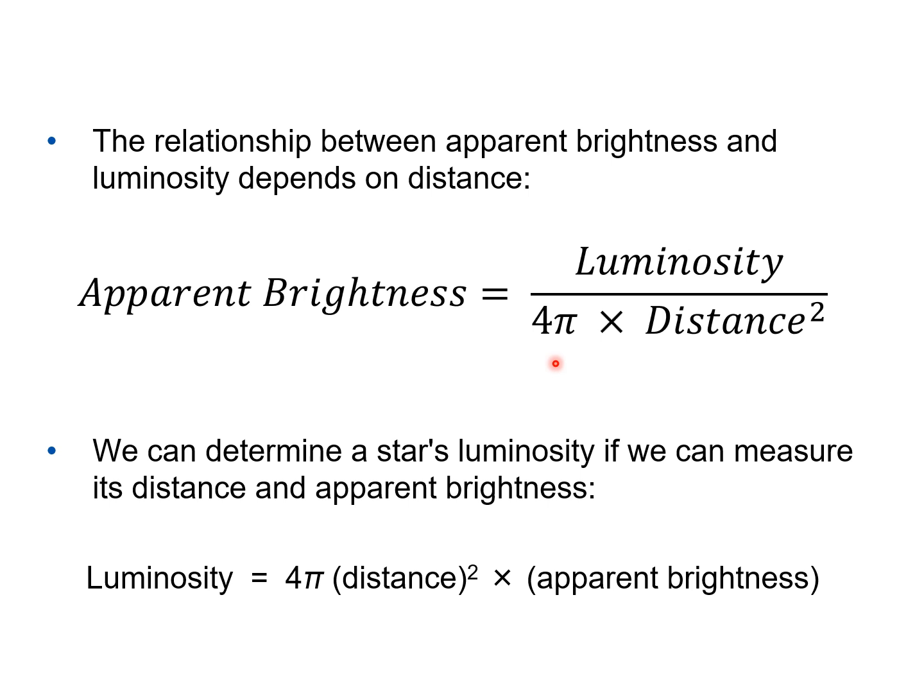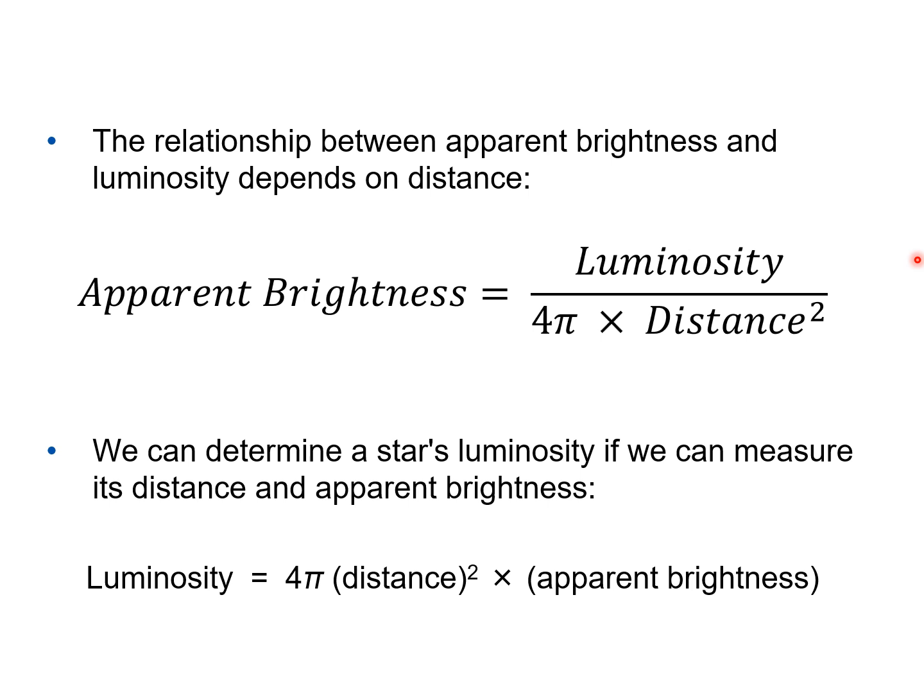That's only necessary if you're actually plugging numbers into the calculator, but just know it is some constant times the distance squared down in the denominator. One more way we could express this equation is to solve it algebraically for distance. Distance is equal to some factor of luminosity divided by apparent brightness.